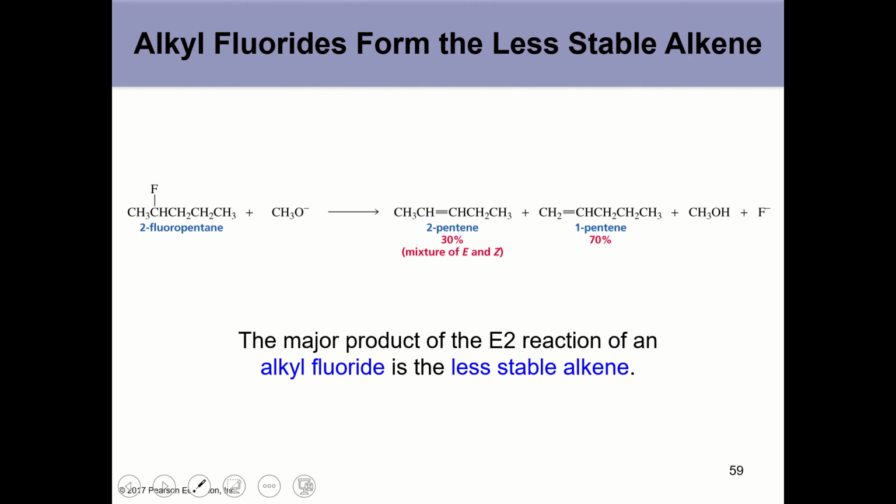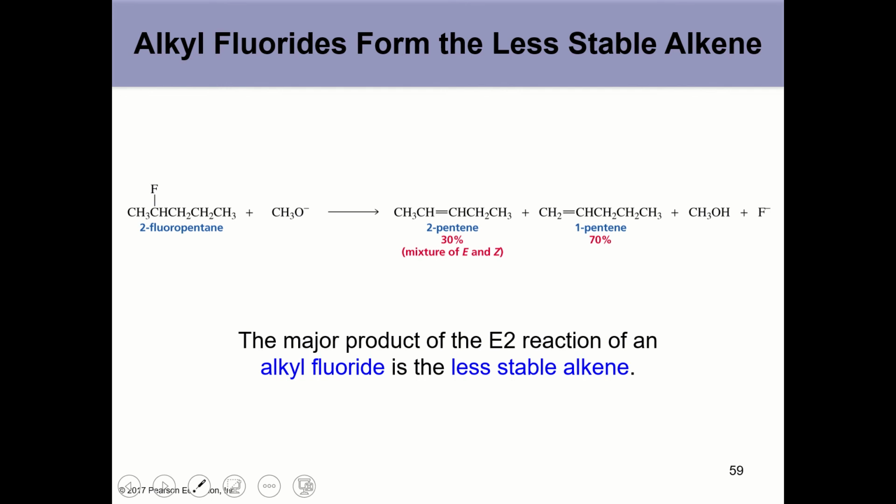Okay. Alkyl fluorides will form the less stable alkene, and so they are unique. We know that fluorine is a poor leaving group, and we don't usually talk about using fluorine as a leaving group.